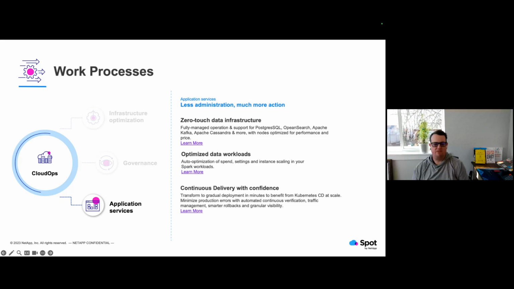And we can help you deliver continuous delivery with confidence, allowing you to transform from gradual deployments to automated gradual deployments in minutes to benefit from Kubernetes, continuous deployment at scale, minimizing your production errors, automating continuous verification and traffic management with smarter rollbacks and granular visibility.